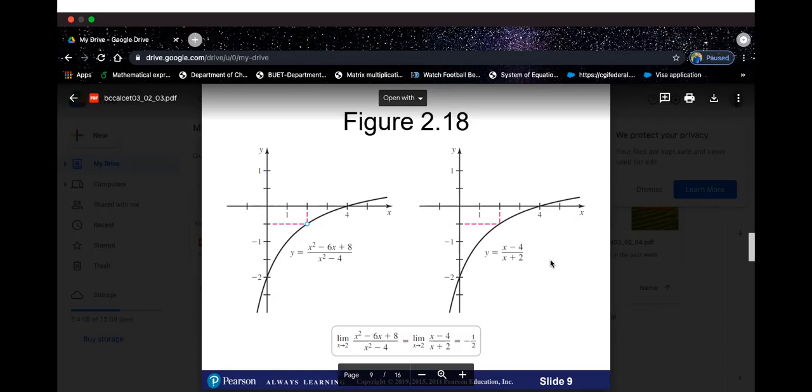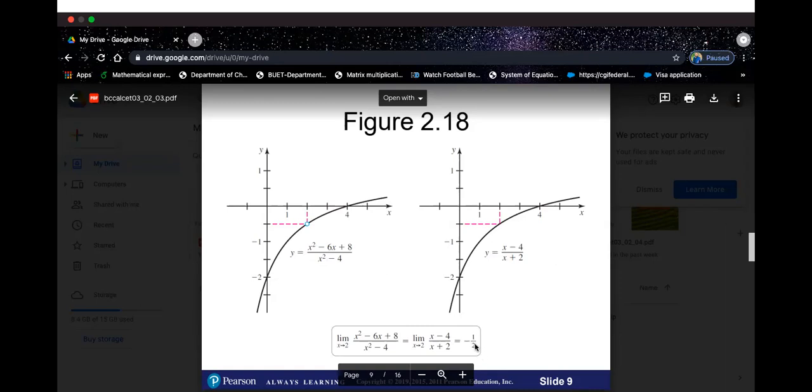So you can't have a hole. You can only have a hole where your function gets undefined. Like for the first one, if you plug in 2 here, your denominator was 0. So that's why we had a hole at 2. But on this occasion, if you plug in 2, you can see the denominator is not getting 0. So that's why I don't have a hole.